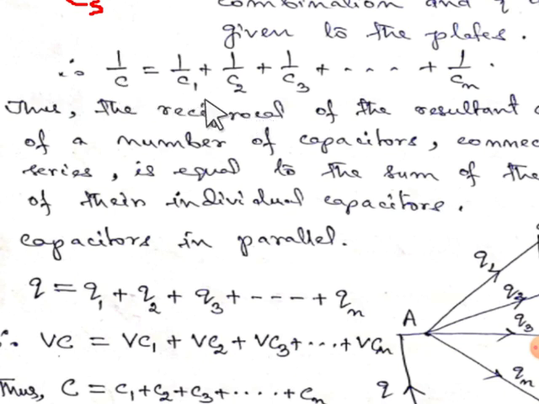Now you must be remembering the series combination and parallel combination in the case of resistors that you have done in class 10, right? If this C is replaced by Rp, then it will be equal to 1 by R1 plus 1 by R2, like that. So this is the formula for the equivalent resistance for parallel resistors.